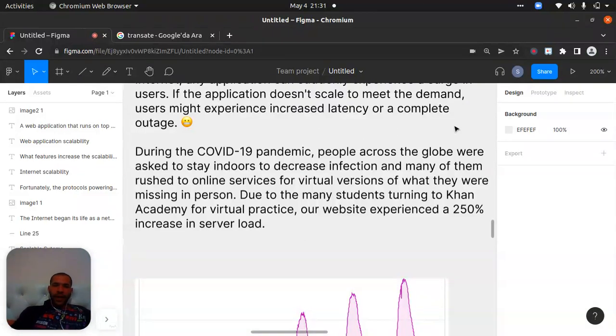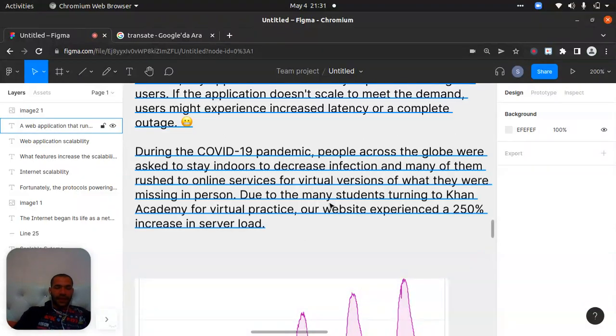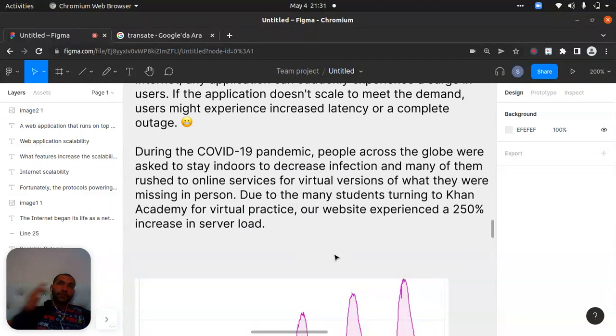Many students turned to Khan Academy and similar platforms, MIT courses, also Coursera and more, so they have been busy. Our website experienced a 250% increase in server load. This is big, really.